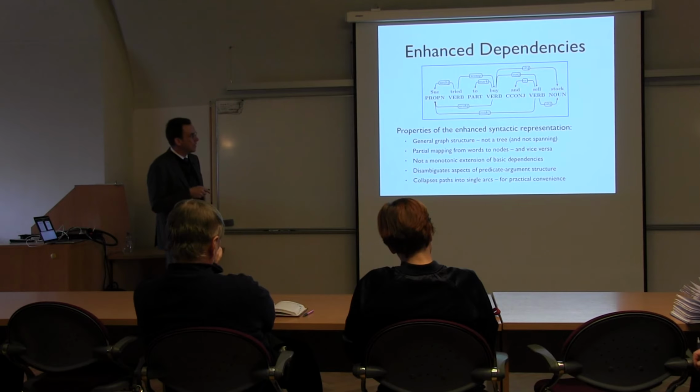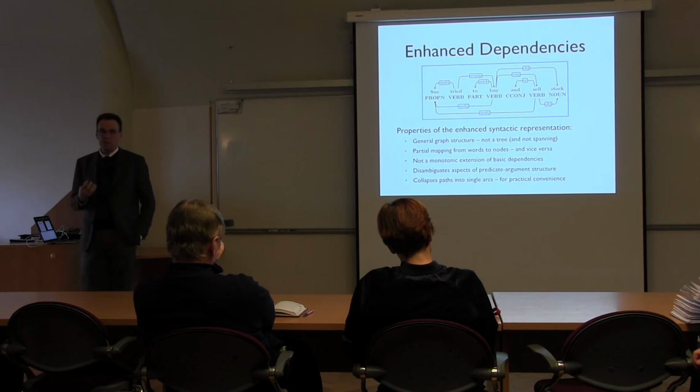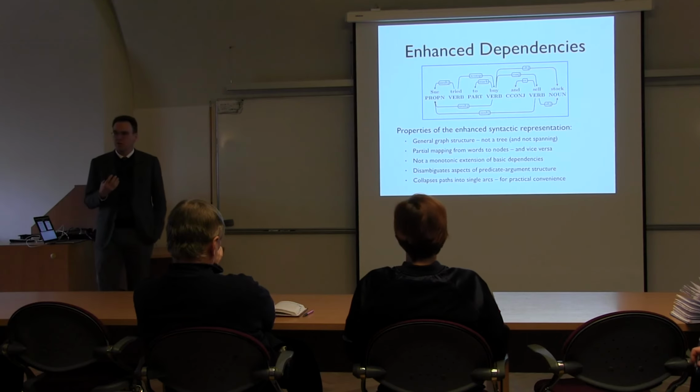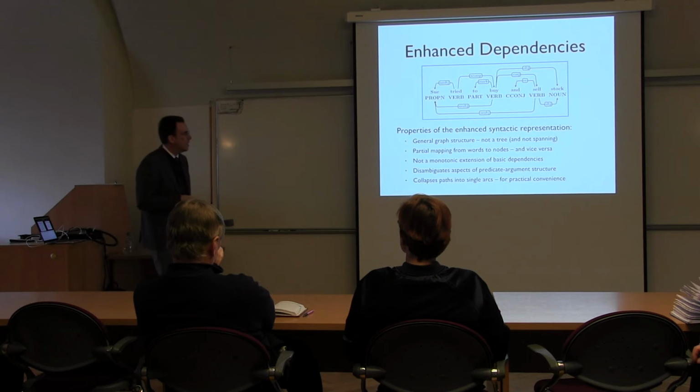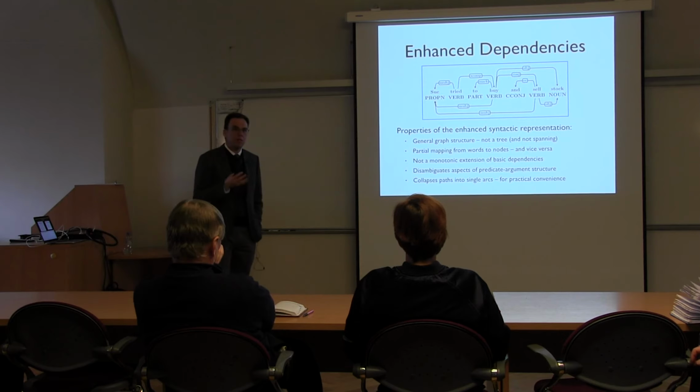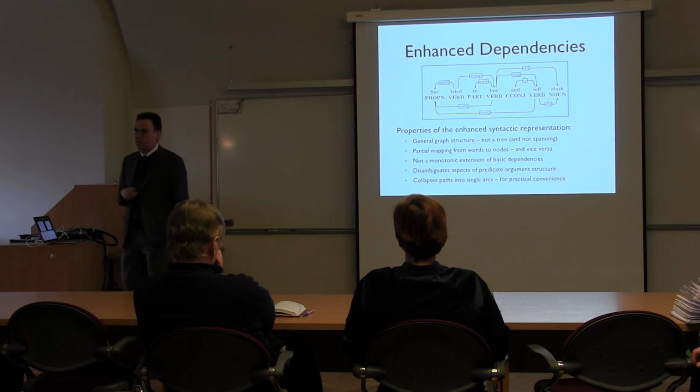In theory, at least, there can be words in the sentence that are not nodes of the enhanced representation, although I don't think we actually have such cases yet. But we could. But we do have cases, and I will show in a minute, where we have nodes that don't correspond to a word of the sentence in some cases of ellipsis.